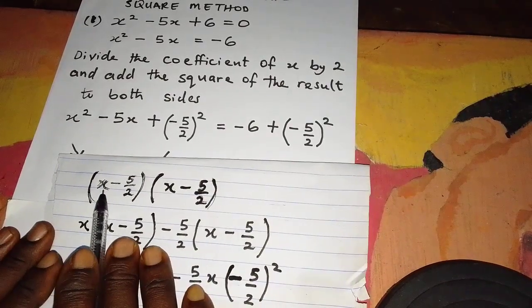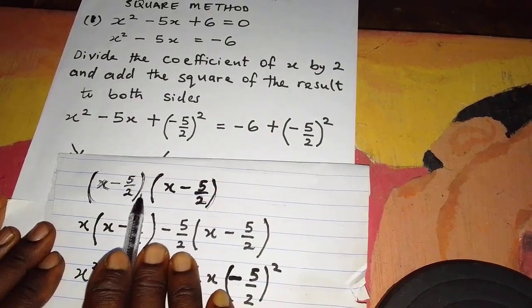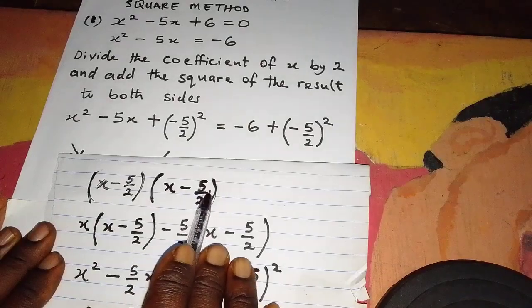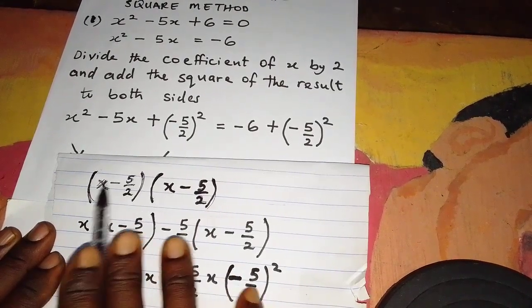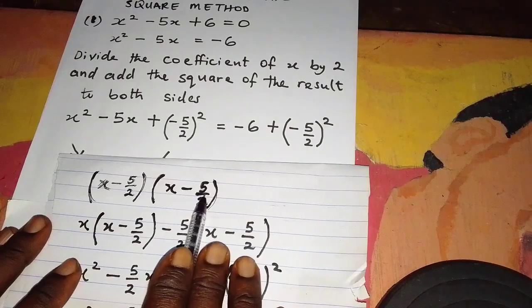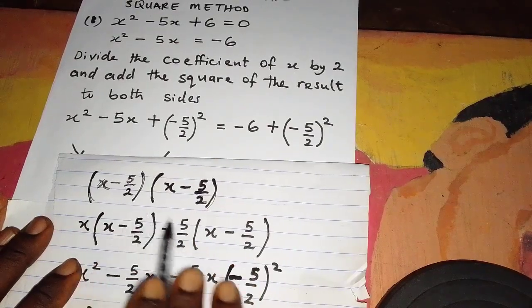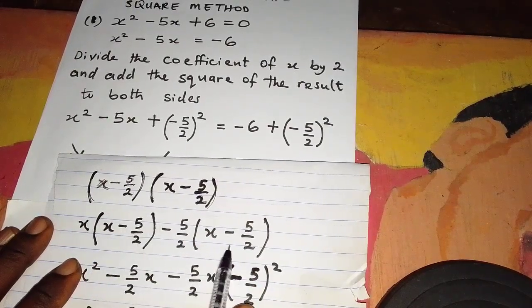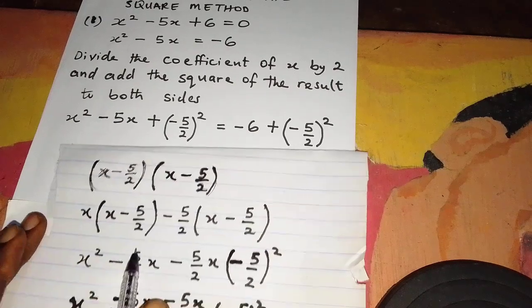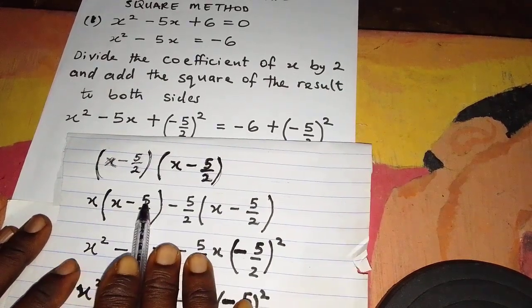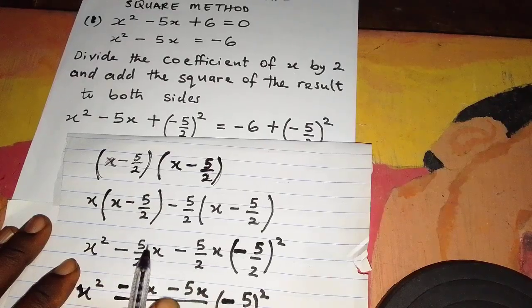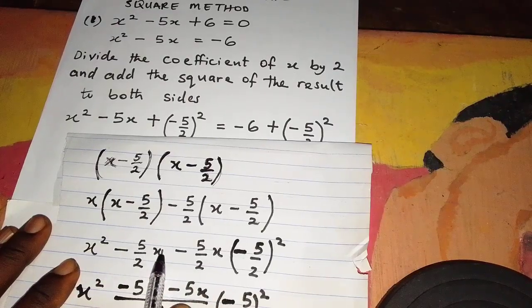Now this means x minus 5 over 2 times x minus 5 over 2. If we expand this, x times x minus 5 over 2, then minus 5 over 2 times x minus 5 over 2. So x times x will give us x squared. x times minus 5 over 2 will give us minus 5 over 2x.